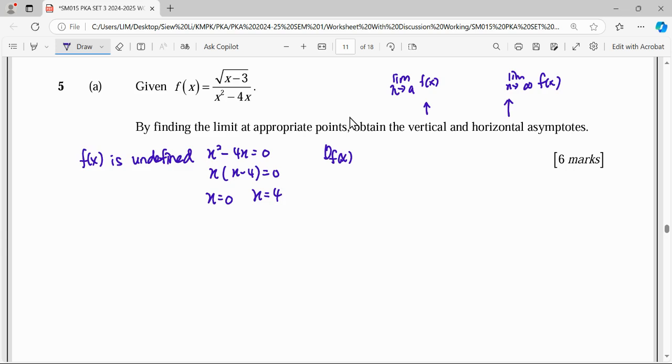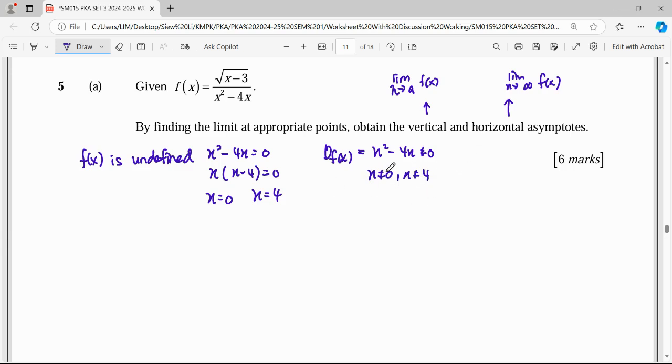Kalau dalam domain tu tak ada, bermaksud kat situ memang tak akan ada graph. So kat situ memang tak boleh nak cari limit. Faham? So, domain of the function, selain penyebut ni tak boleh sama dengan kosong, betul? So, x tak boleh sama dengan kosong, x tak boleh sama dengan 4.